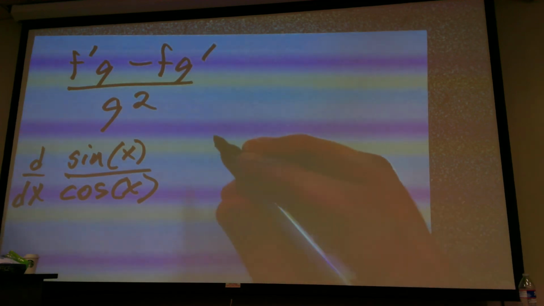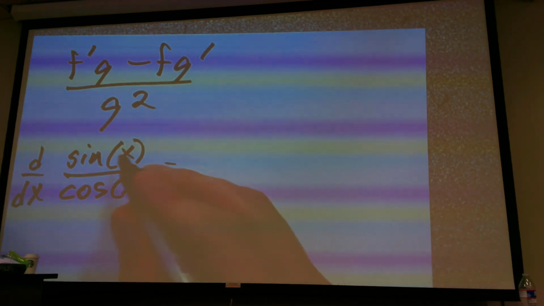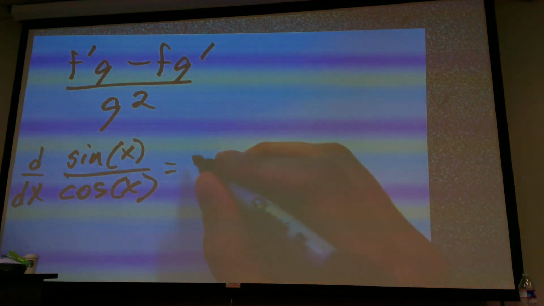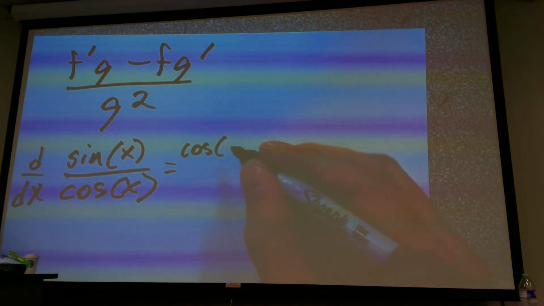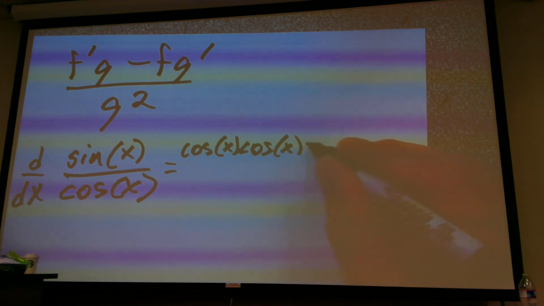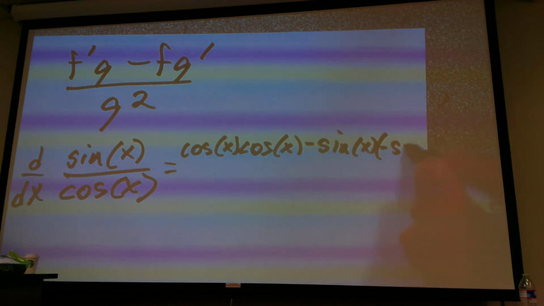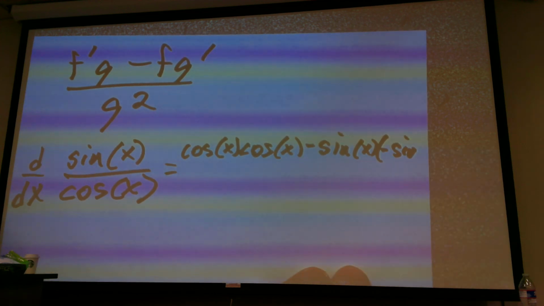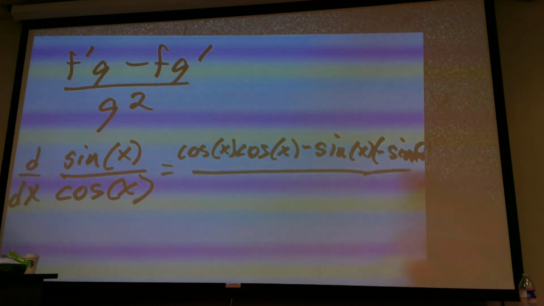All right. So f prime, the guy on top, sine: the derivative of sine is cosine of x, times cosine of x. f prime g minus f, sine of x, times the derivative of cosine, which is negative sine of x, divided by cosine of x squared.